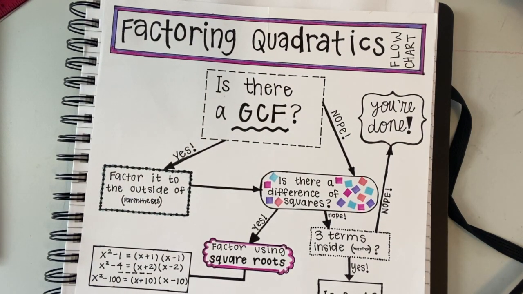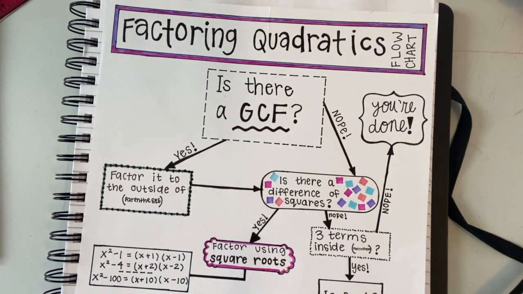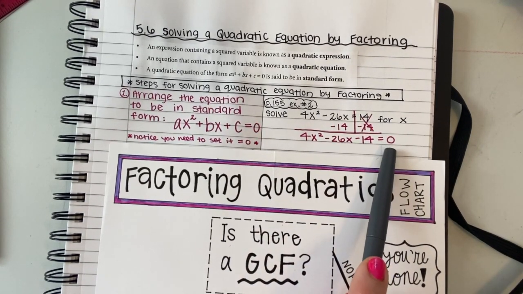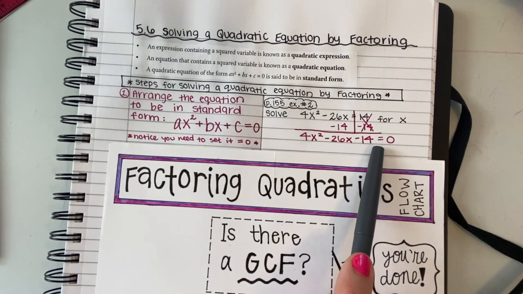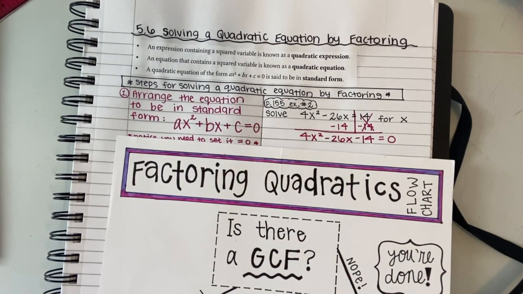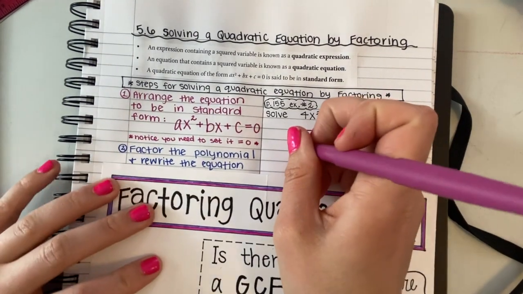This flowchart tells me what steps to take and when. So first I'm going to ask myself, is there a GCF? In this equation, there is a GCF, and the GCF is 2. So what I'm going to do is factor out the number 2.